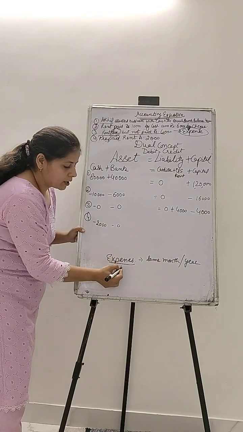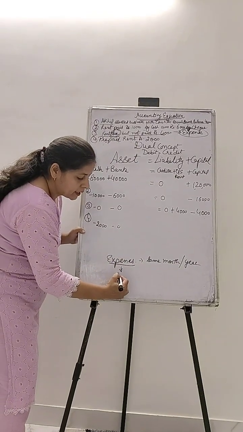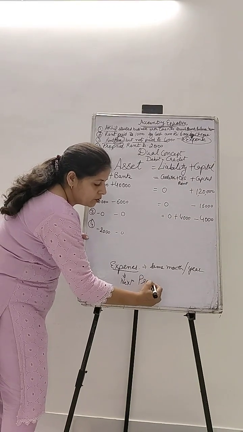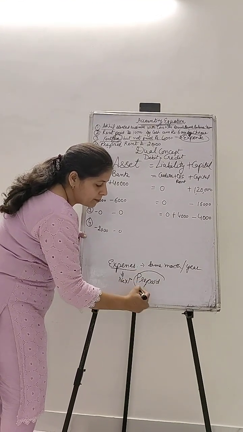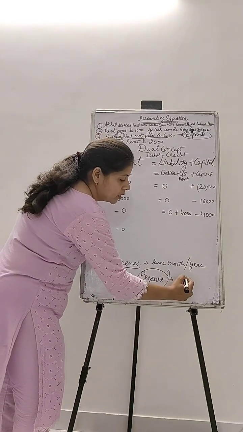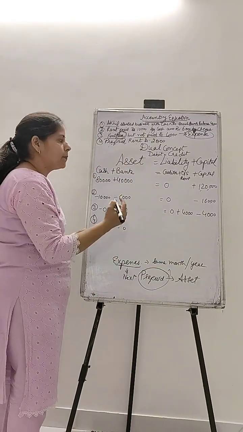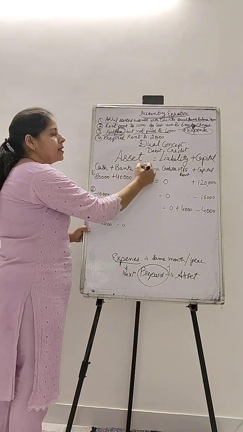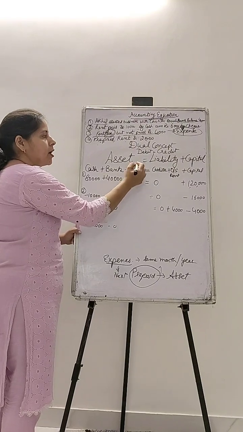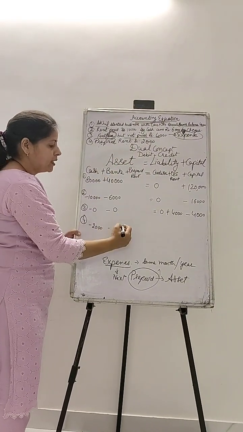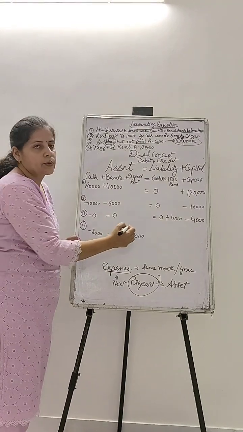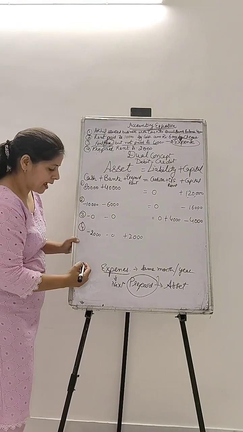Which is belonging to the next year, that would become a prepaid. Whenever you make any payment prior to it becoming due, it becomes your asset. So prepaid rent will appear as an asset in your business accounting equation. So rent was prepaid to the extent of rupees 2,000 here. Take an example.